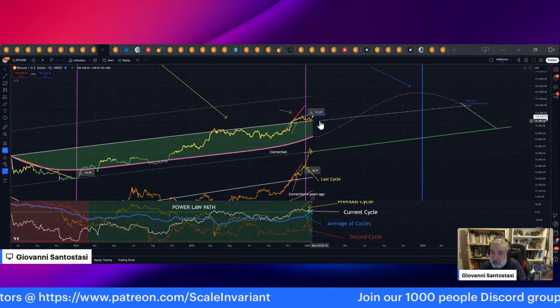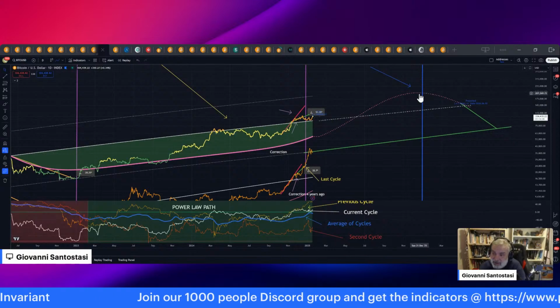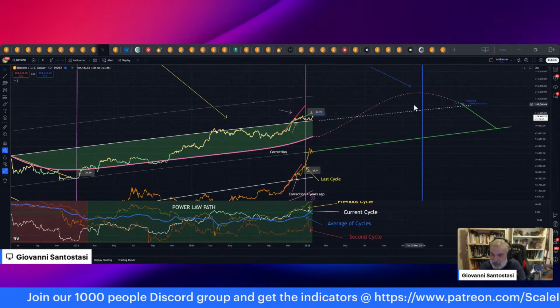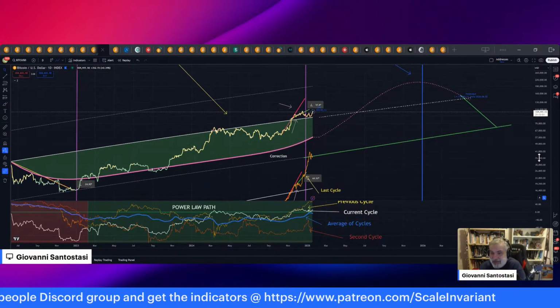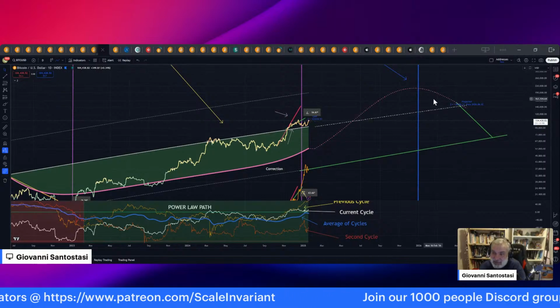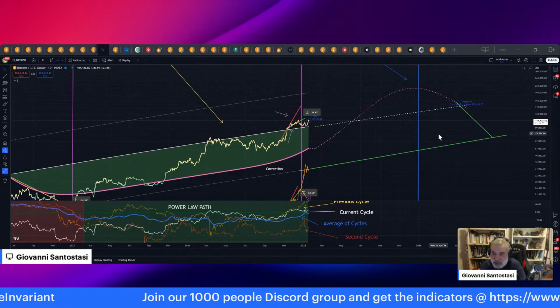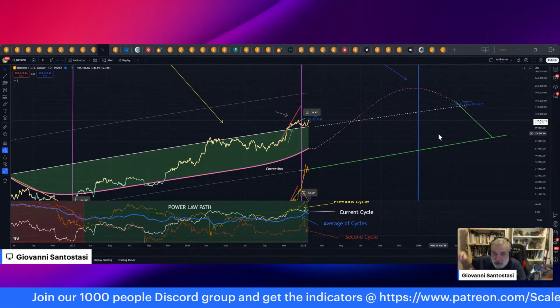First of all, if we continue to stay on the power law, even my claim that we go to 200,000 starts to be not right. But these other claims, they are ridiculous, right? The more time passes by, the more difficult it is going to be to reach.